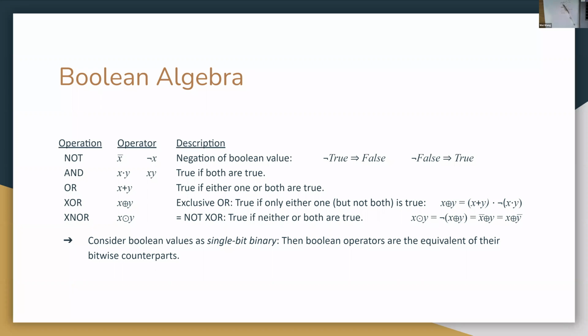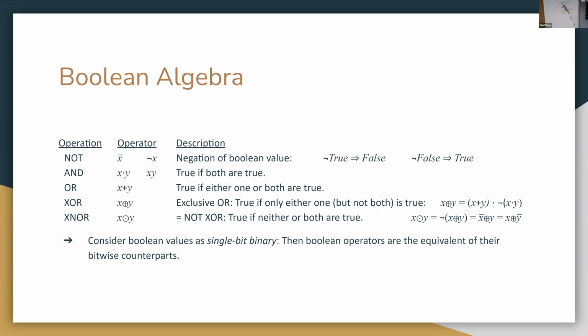And again, NOT is basically the opposite of whatever the input is, right? Not true becomes false. The same thing, not false equals true. AND means if both are true, then it's true.